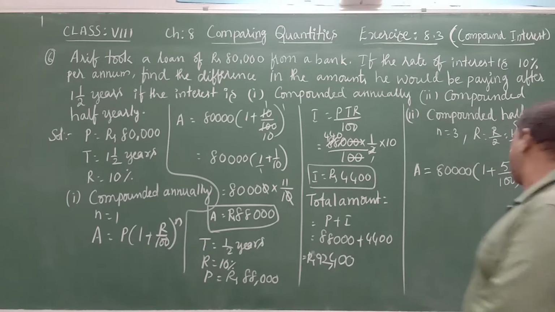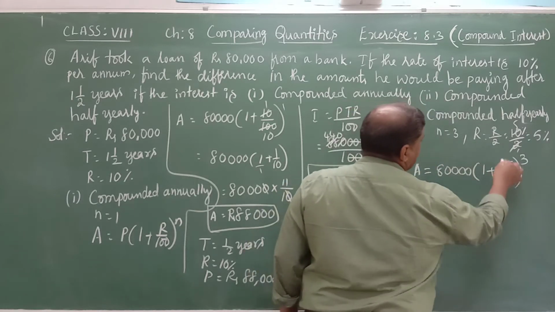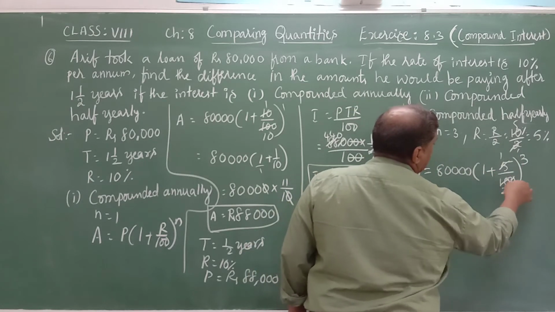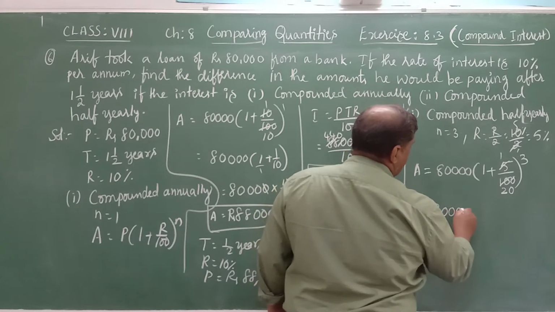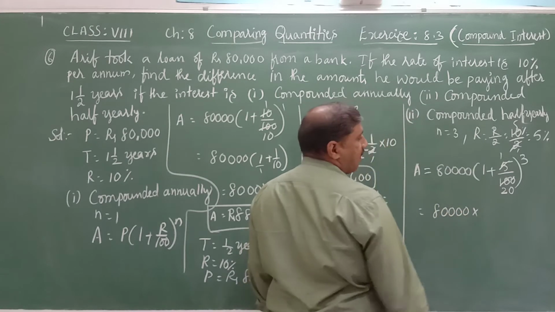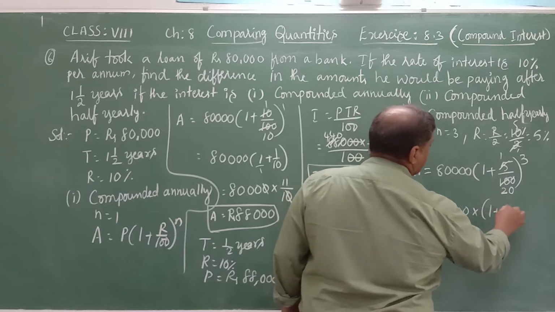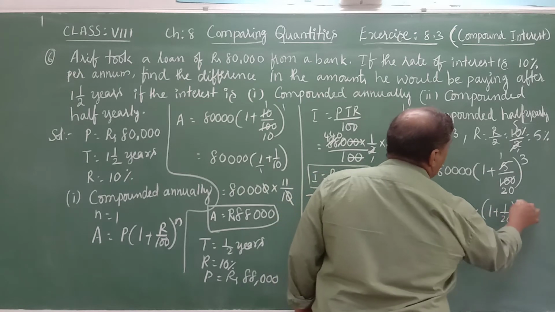Now simplify this. 5 ones are 5, 5 twos are 10, 5 zeros are 0. That is 80,000 into 1 plus 1 by 20 whole cube.